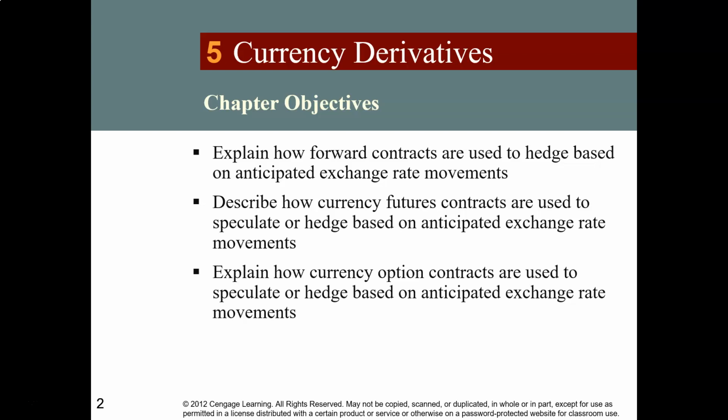And lastly, we're going to explain how currency option contracts are used to speculate or hedge based on anticipated exchange rate movements. So we have three different kinds of derivatives in this chapter, including forward, futures, and option.